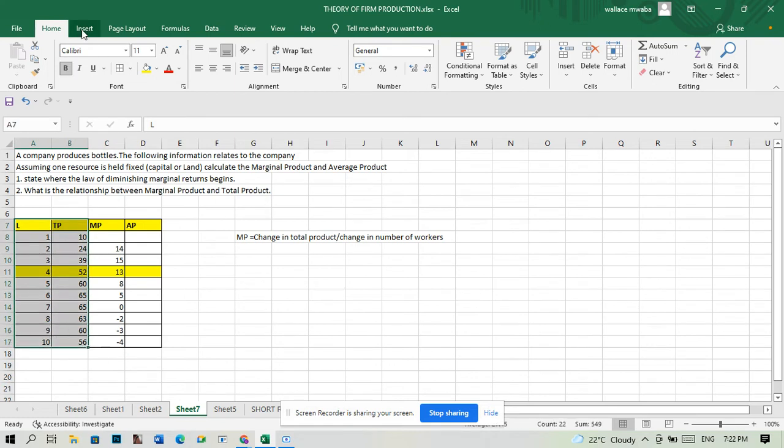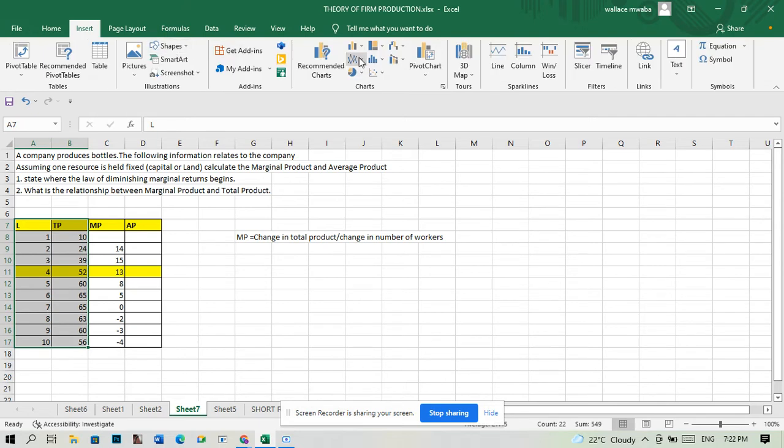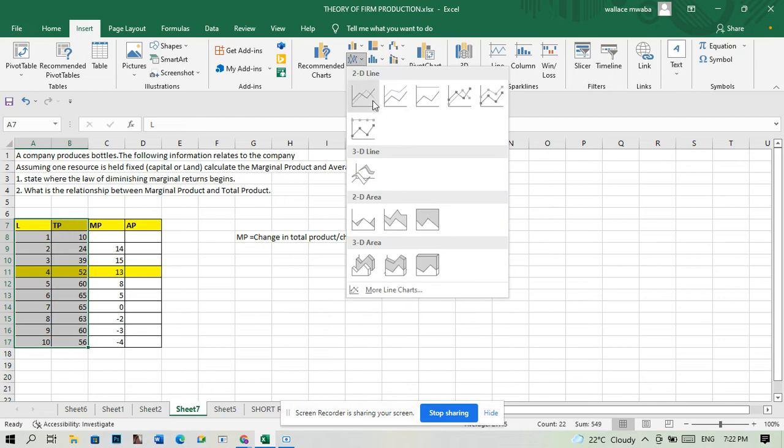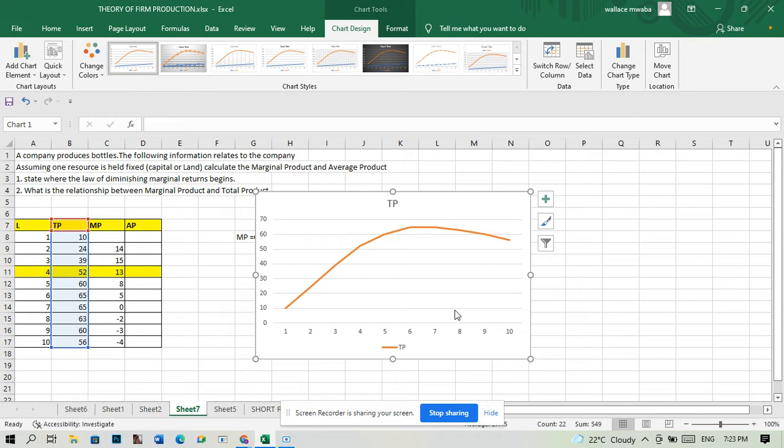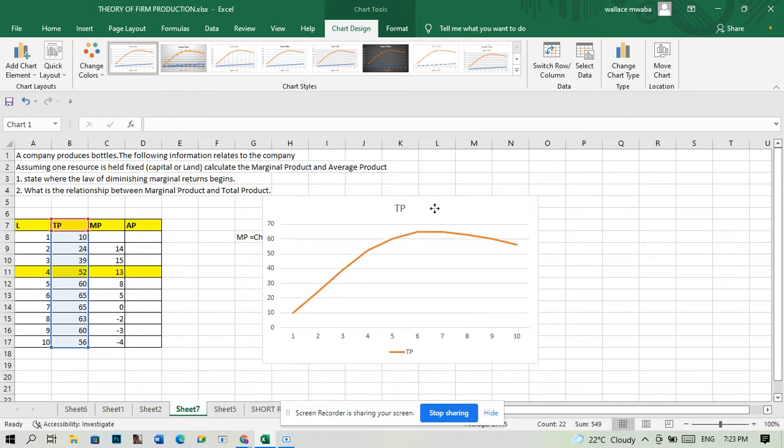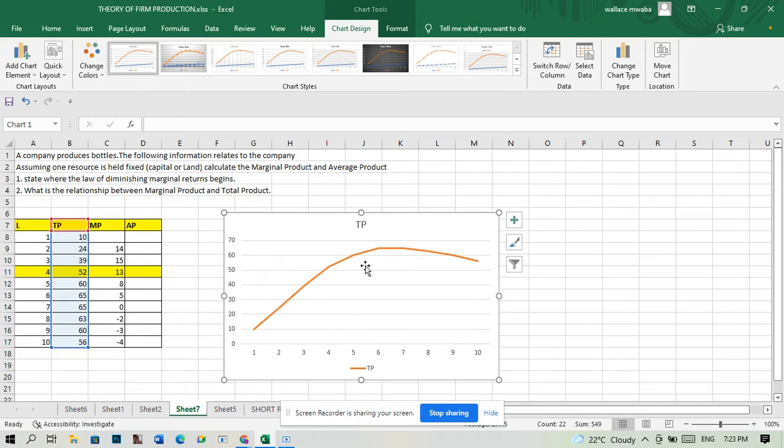If you draw a curve for your total product, as you can see, this orange line represents the total product. It's increasing, increasing, increasing. And there's a certain point where it's going to start decreasing. Now, let's add in our marginal product curve into this graph.